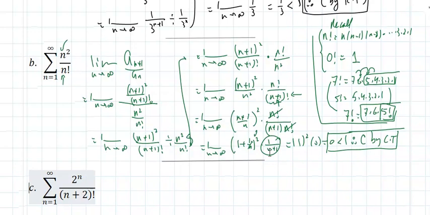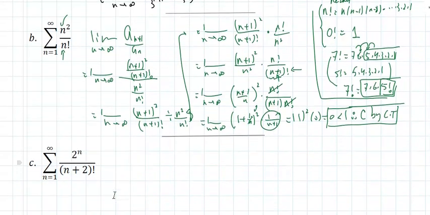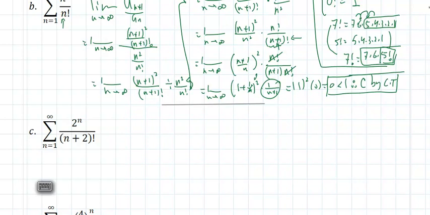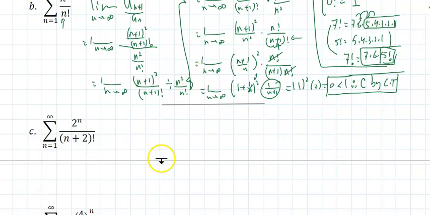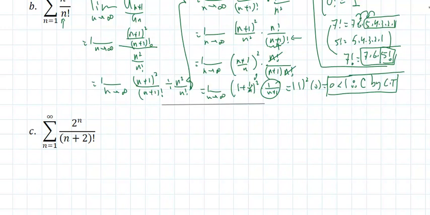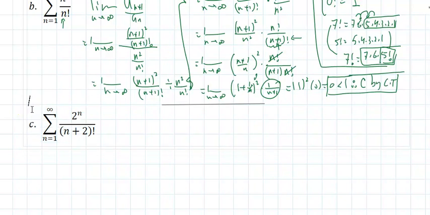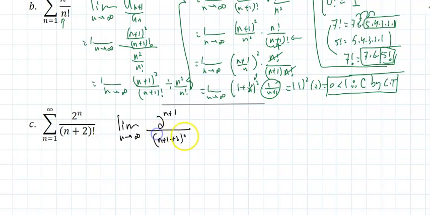Another factorial problem. So if I take the limit as n approaches infinity of 2 to the n plus 1 over n plus 1 plus 2 factorial.